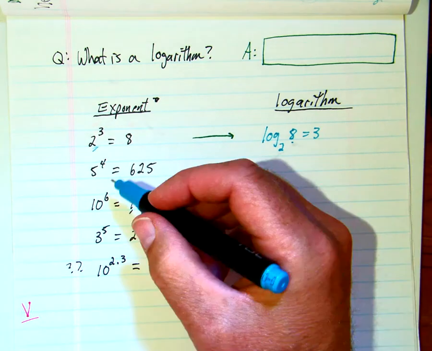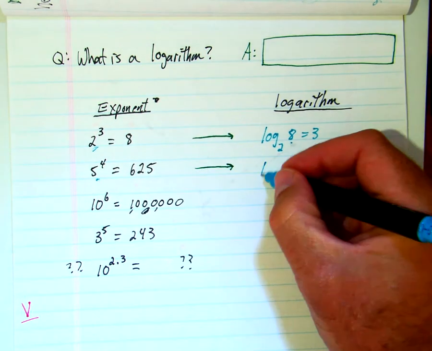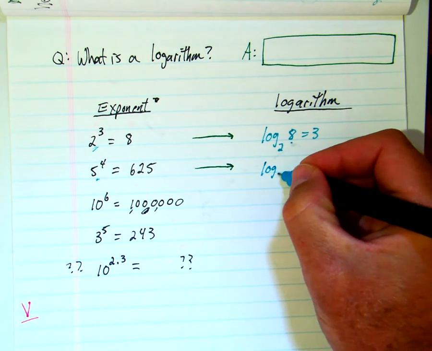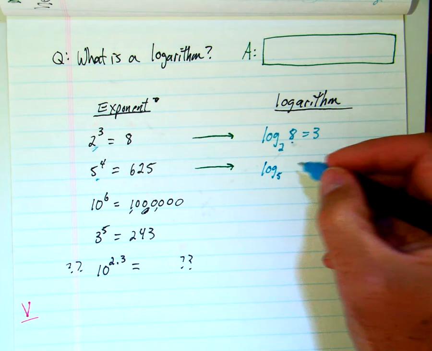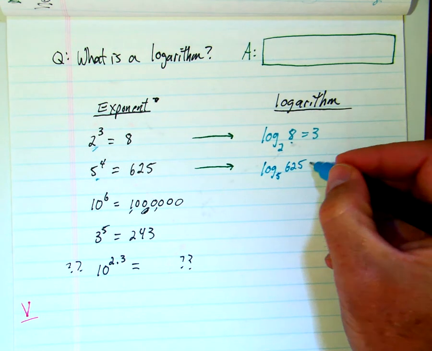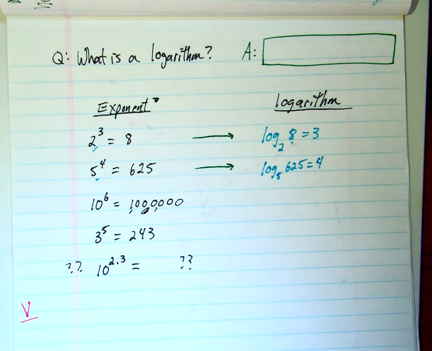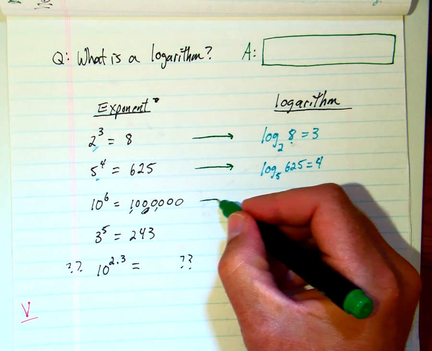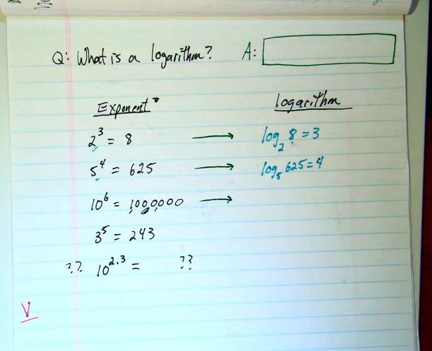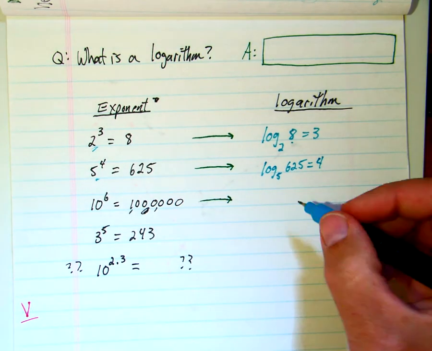In this one, the base, of course, is 5. So we say log base 5 of 625 equals 4. Starting to see this pattern, hopefully. But really more important than the pattern is the idea.